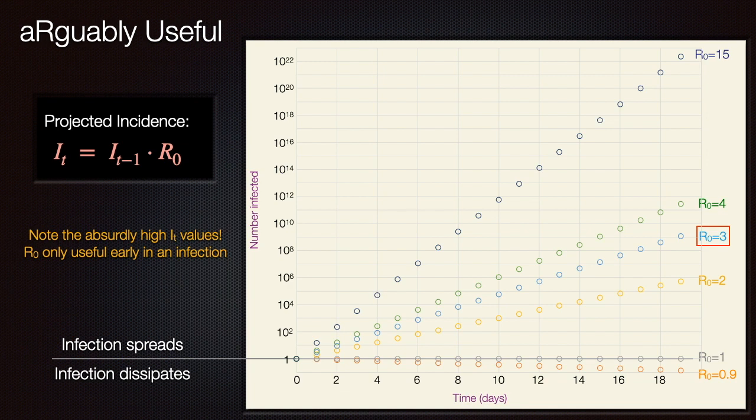If we look at an R0 of 3, which is the light blue dots on this graph, we can see that in 1 week or 7 days, our projected incidence will have become over 2,000 from a single case at day 0. In 2 weeks, 1 case at an R0 of 3 will have become 4.7 million cases.